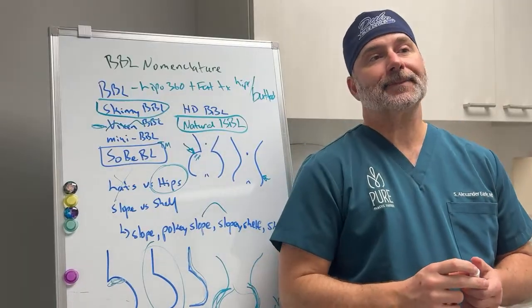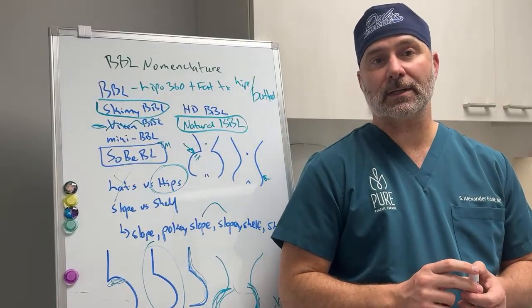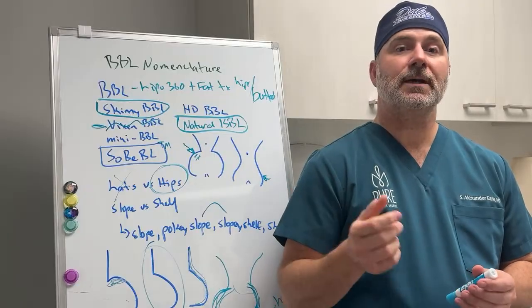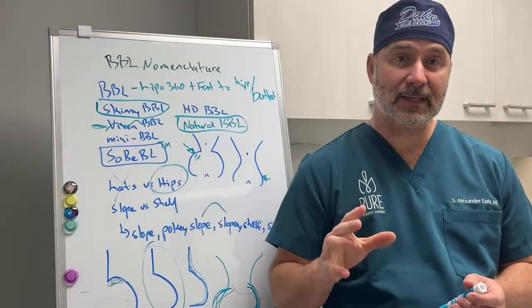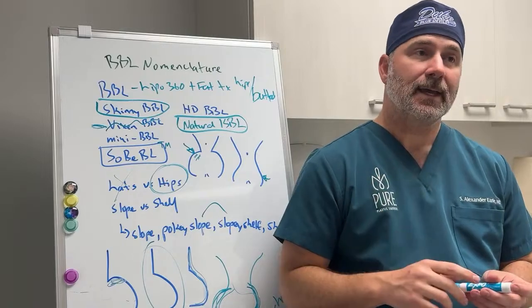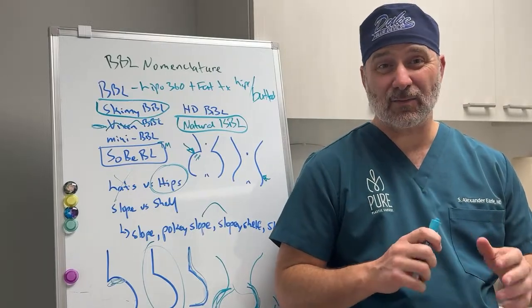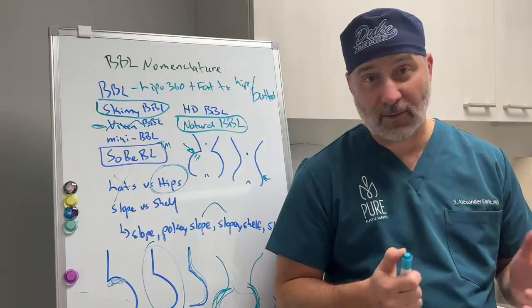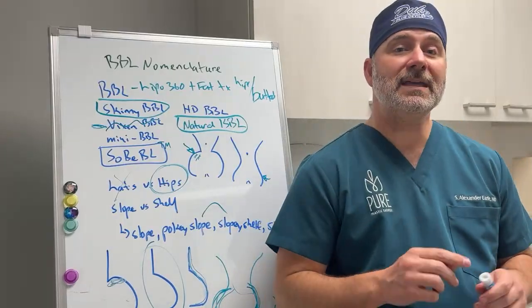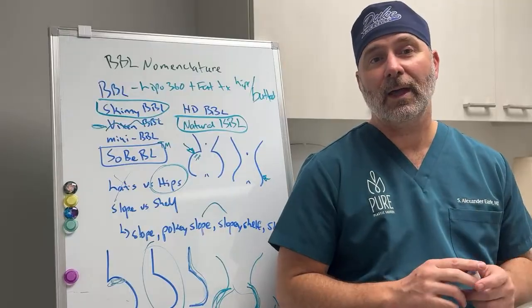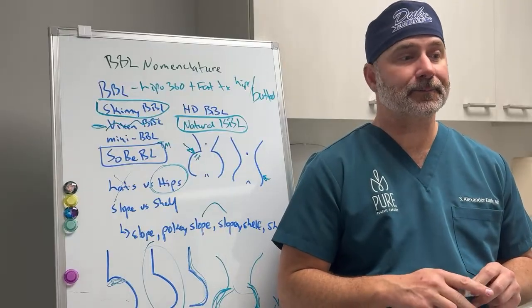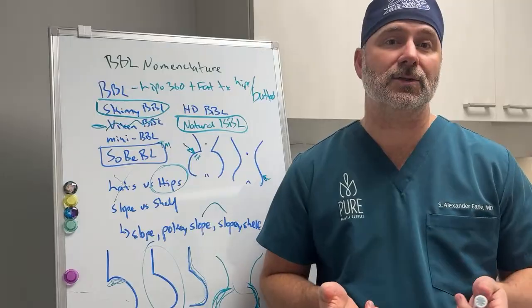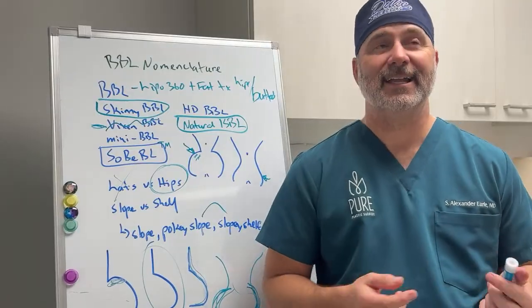We've just started using this and have done our first couple of cases to fill in some hip dips. It works really well. The great news is it doesn't involve liposuction, a big recovery, or general anesthesia. It can be done easily here in the clinic under local, with minimal to no downtime, which is great.